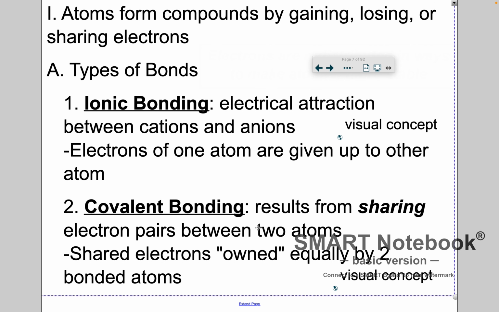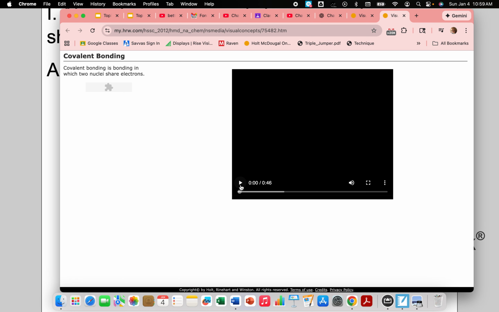So, a covalent bond is what happens when you share electron pairs between two atoms. When you share electrons, they are owned equally by the two bonded atoms, but you'll learn that there are different types of sharing. The electrons are being shared. I have another short video here.